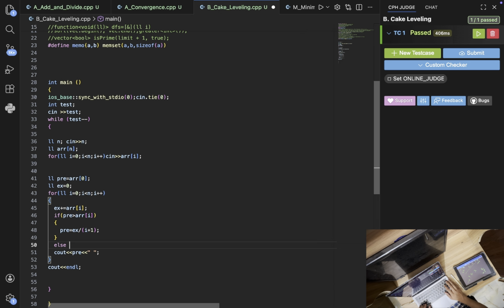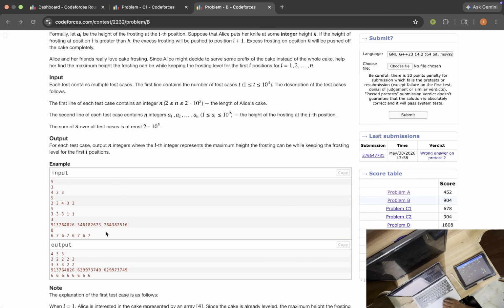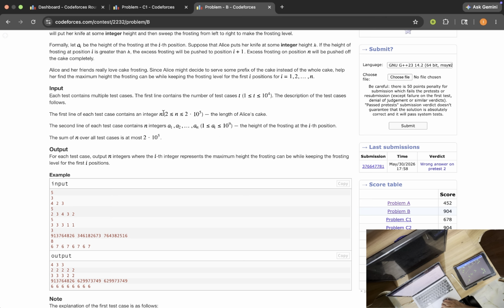Makes sense. Else actually pre stays same. Yeah, else actually pre stays same. 1 to 189, 2 to 2, yeah.